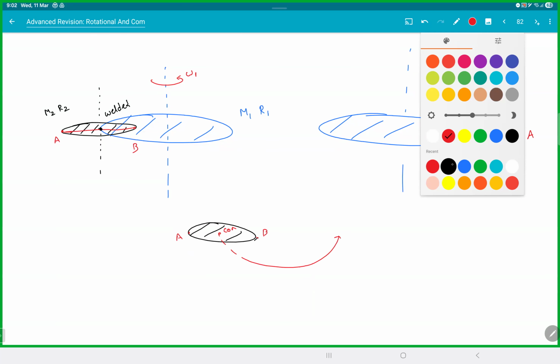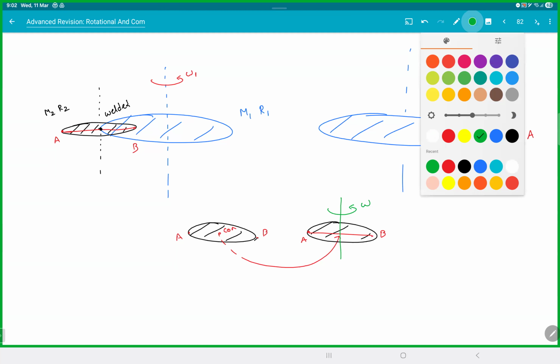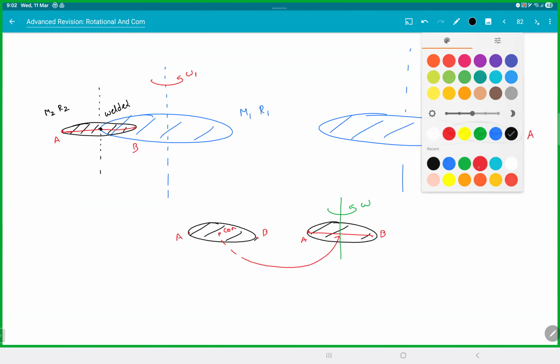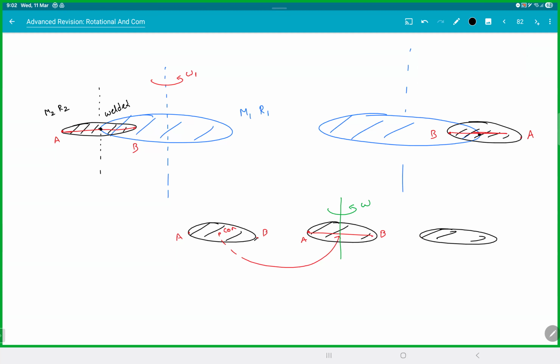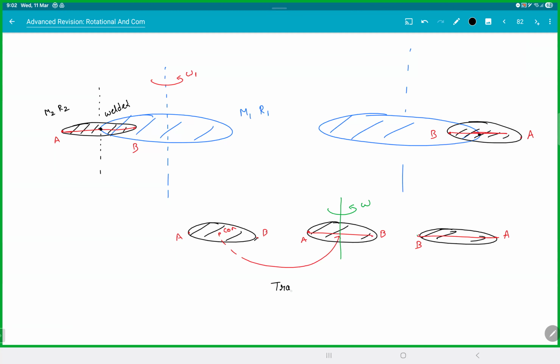So when it travels there, AB will remain same. So this is the motion of center of mass. And then I will think about this line, you're rotating with omega, and because of this rotation, the line became A and B. So first you translate, then you rotate.